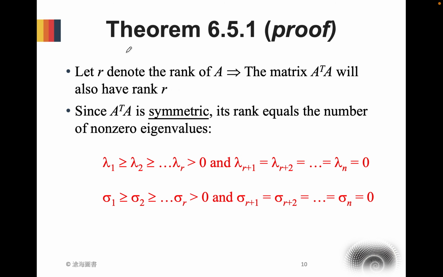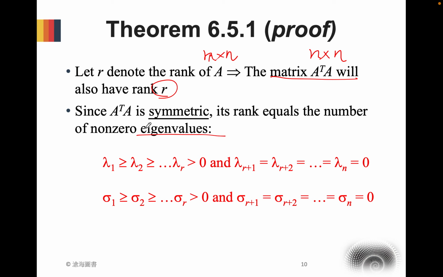So now, let r denote the rank of the matrix A. If the matrix A's rank is r, then A transpose A will also have rank r. It's an n by n matrix. Since A transpose A is symmetric, its rank equals the number of non-zero eigenvalues.